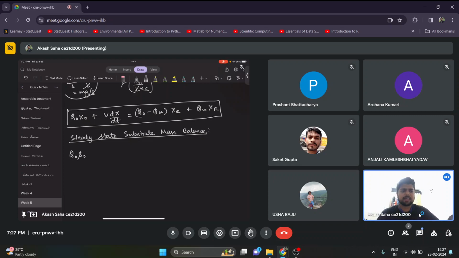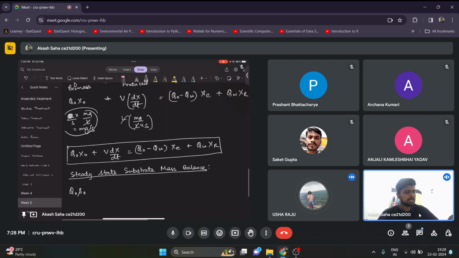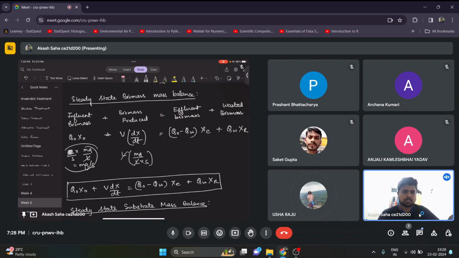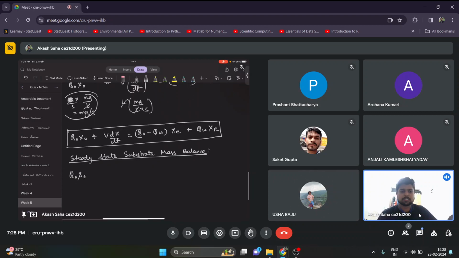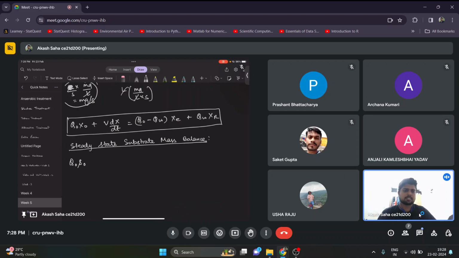So here instead of X, we will use the notation S. Now here, like in the last term, we had biomass produced, but in this case, the substrate will be lost because it is getting degraded. So it will be minus V ds by dt. There we had plus V dx by dt, but here since the substrate is being used up, we will have minus V ds by dt.